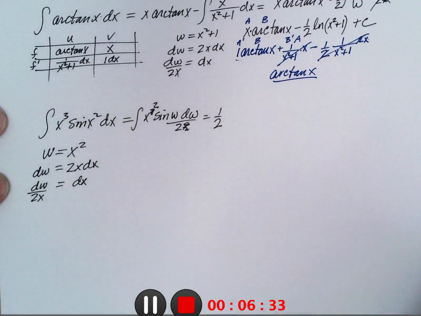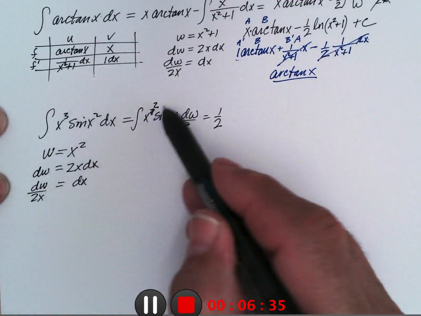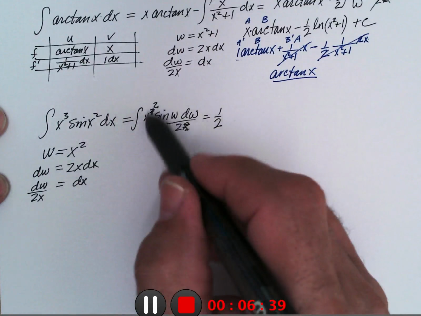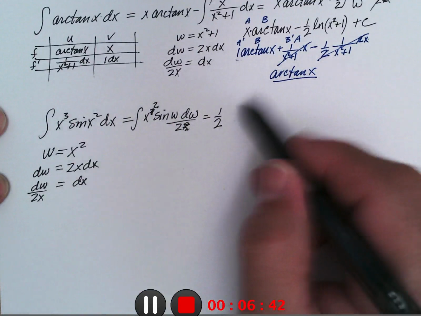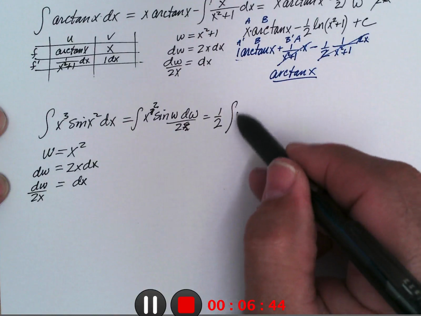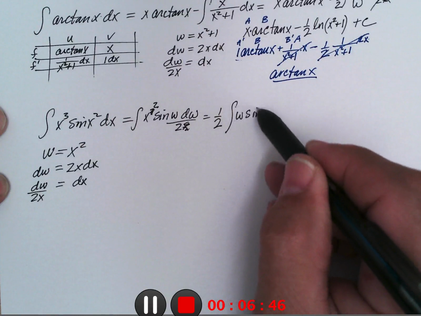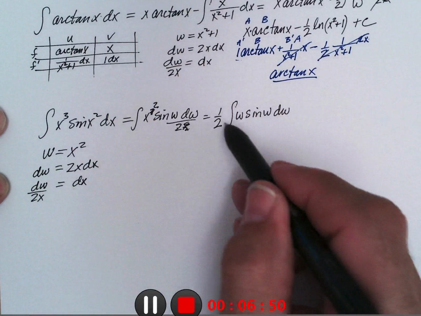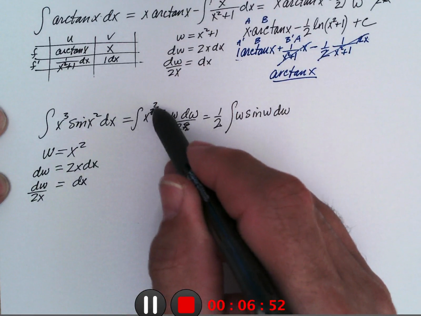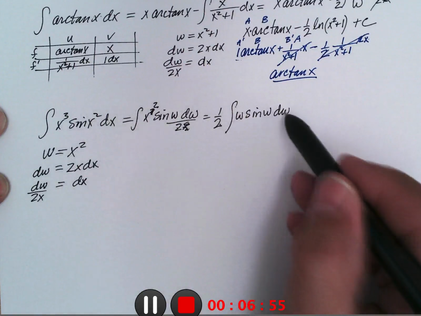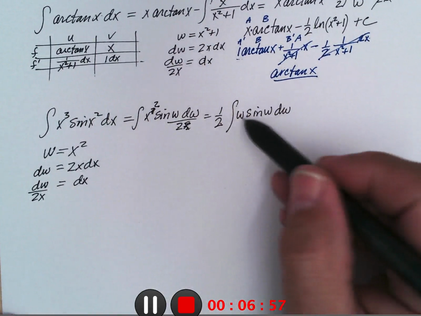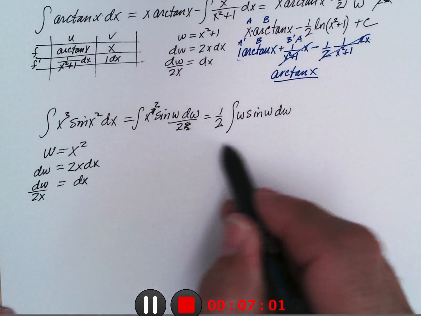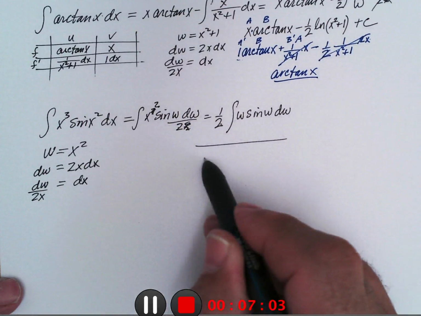It changes from x to the third to x squared. But x squared is w. So we have 1/2 integral of w sine w dw. There's the half. That's x squared is the w, sine of w dw. Now it's all in terms of w, so we can proceed, and now we can do integration by parts.